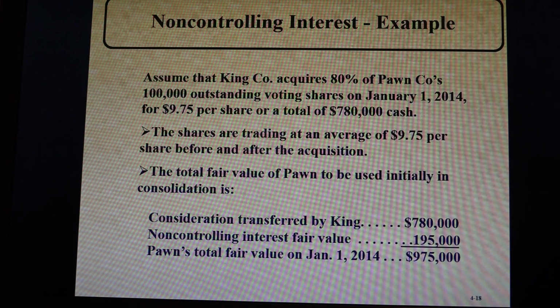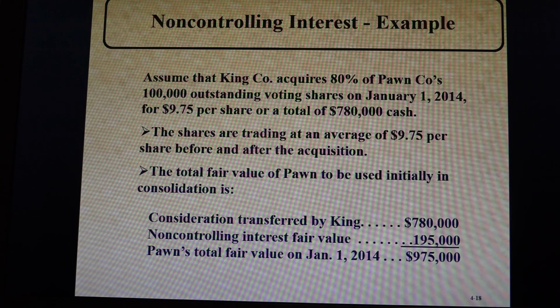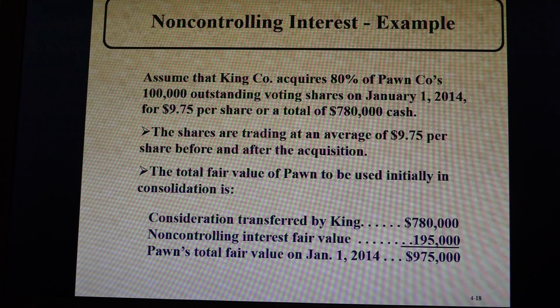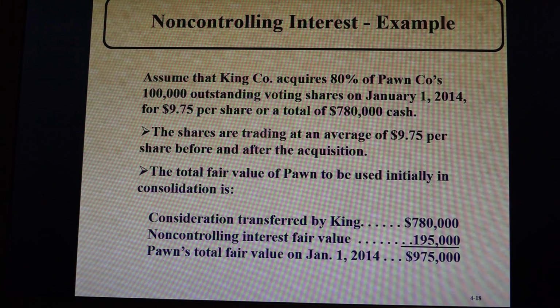And so if you look at Exhibit 4-2 in the book, they don't have it here, but note that the book value of Pawn Company, the sub, is $740,000, and the fair value of the net assets, well, assets acquired and liabilities assumed is $950,000, so the difference is $210,000.